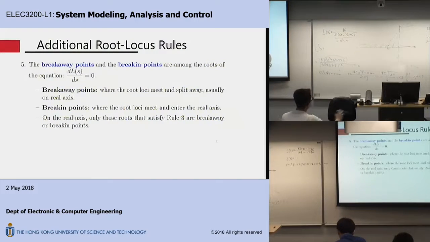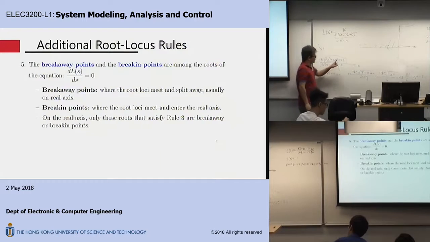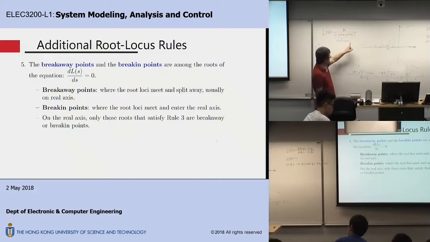If we have the root locus, what can we say? What we can say is that when L is of this form, this is the open loop transfer function.